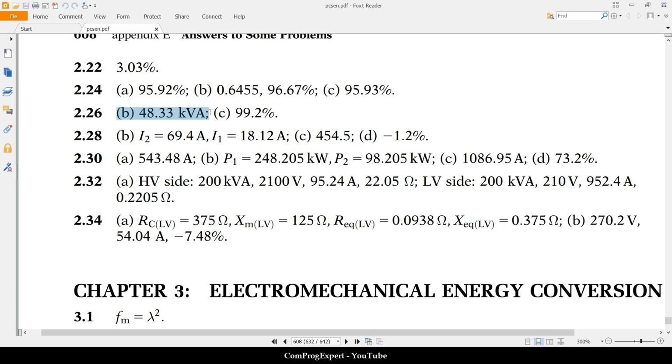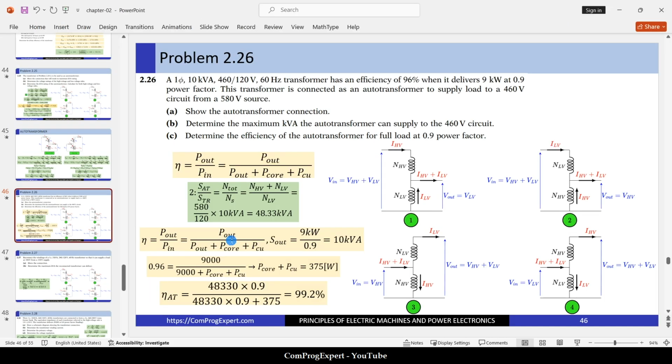For problem 26, part C, how can we calculate the efficiency for the auto transformer? Here is the definition of the efficiency. The rated power of the transformer is 10 kVA. It delivers full power. The active power is 9 kilowatts, the power factor is 0.9, so it delivers the rated one.